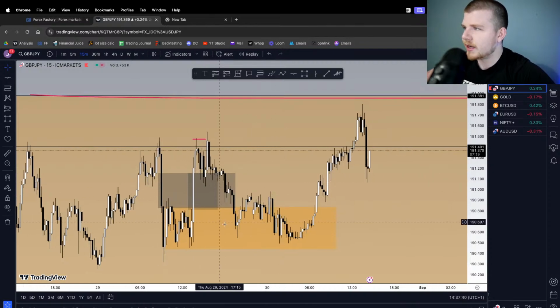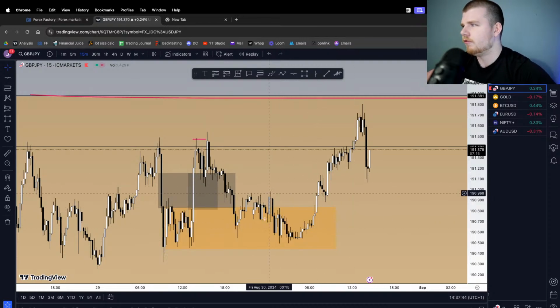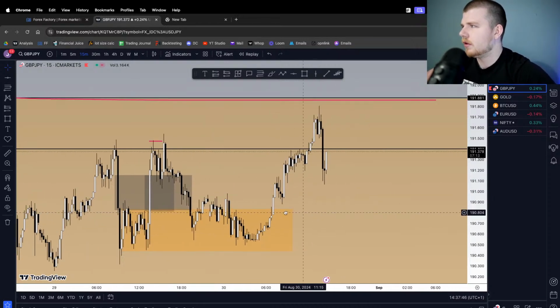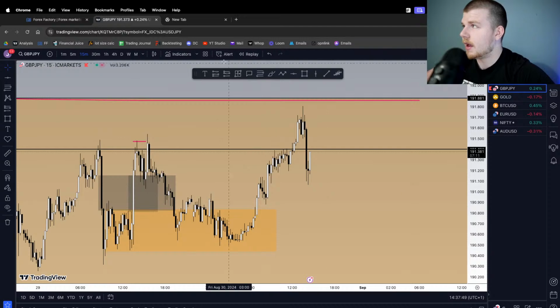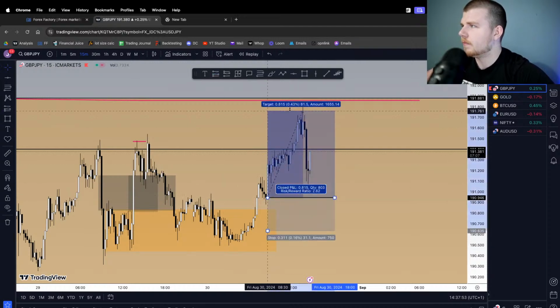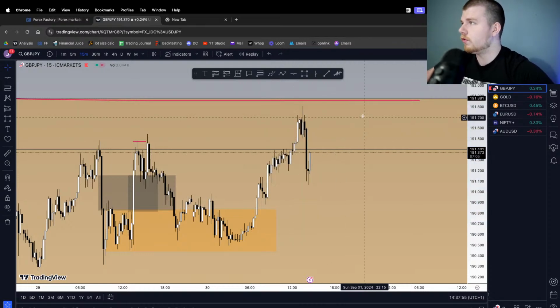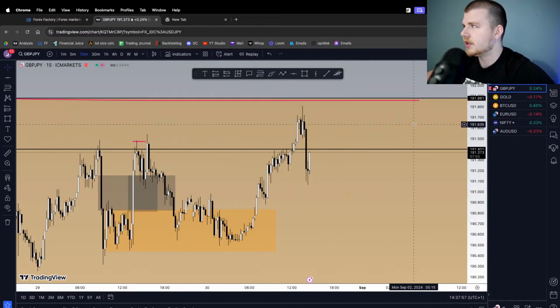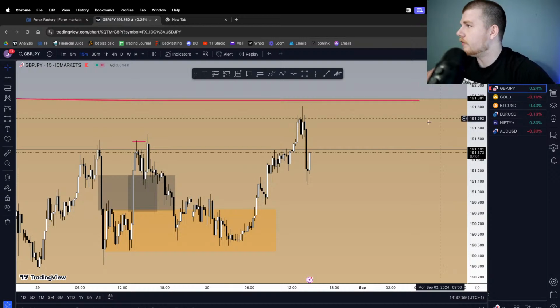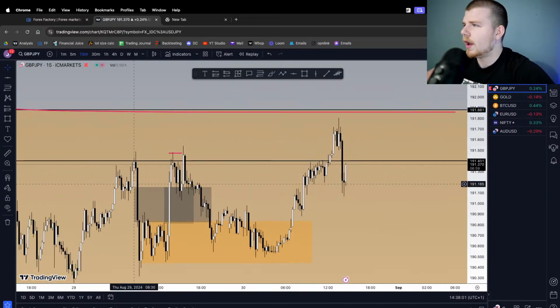But I was expecting price to come down into this accumulation range and start reacting to it. So we should have waited for that. We could have taken a buy position right here. That would have been a much better entry. But we move. We have a loss. It is what it is. And we're still up for the week, which is perfect. So that's what went on yesterday.